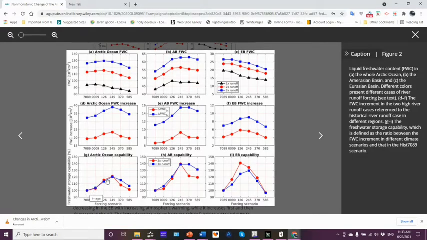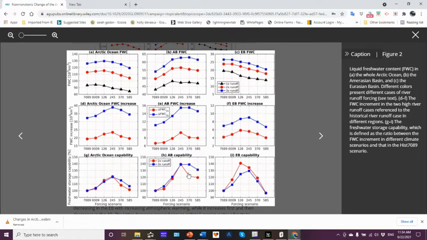So what are we seeing here? We're seeing that overall for the whole Arctic Ocean capability, the storage of fresh water has increased. So if I look at this value here for the 245 model scenario, that's calculated to be 120%. That means it's 20% more than what was historically for that time period, 70 to 89.